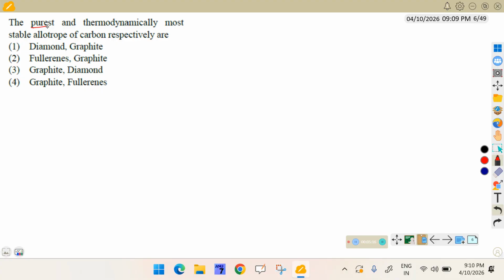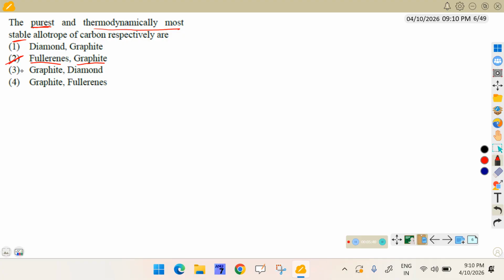The purest and thermodynamically most stable allotrope of carbon, respectively. The purest form of carbon is fullerene. Thermodynamically most stable is graphite.